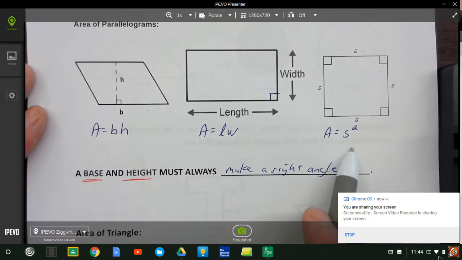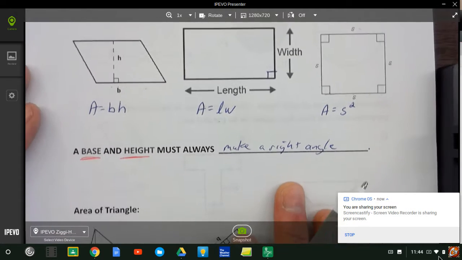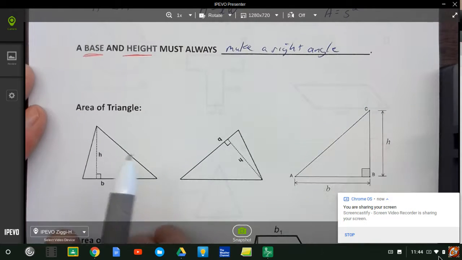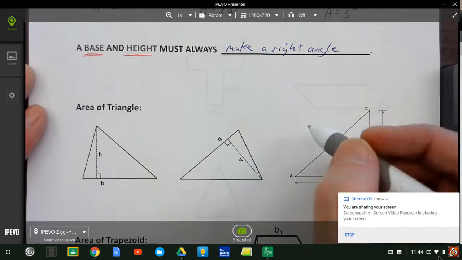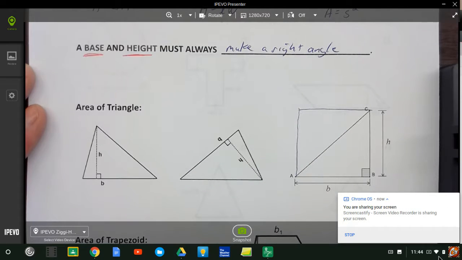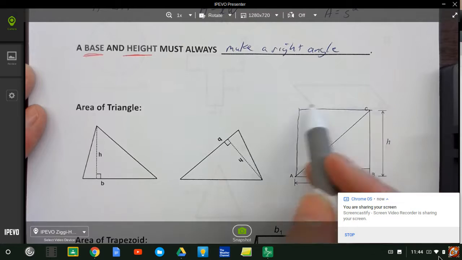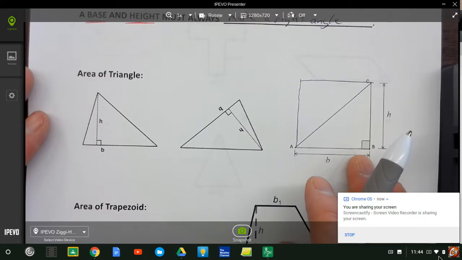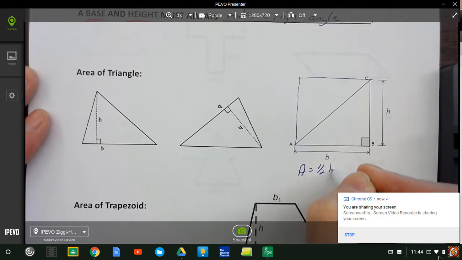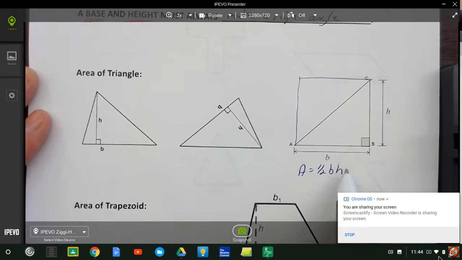So we've got our basic parallelogram formulas. We can move into triangles. Now, the nice thing about a triangle is really just half of a rectangle. We can see it really clearly when we look at a right triangle. Okay, there's my base and height. So this is really breaking it up into halves. So when it comes down to it, the area is nothing more than half the base times the height, because it's the same thing as my parallelogram, just half of it.